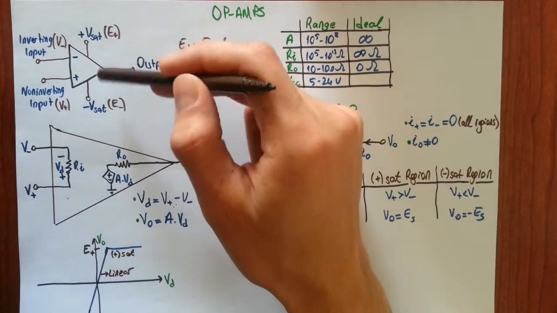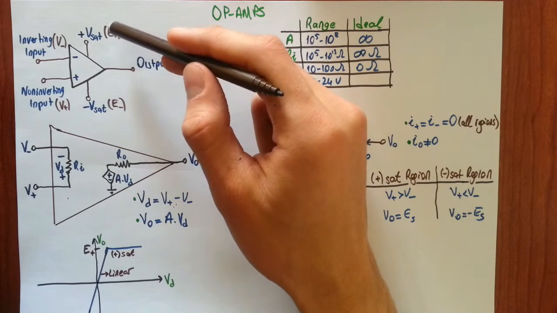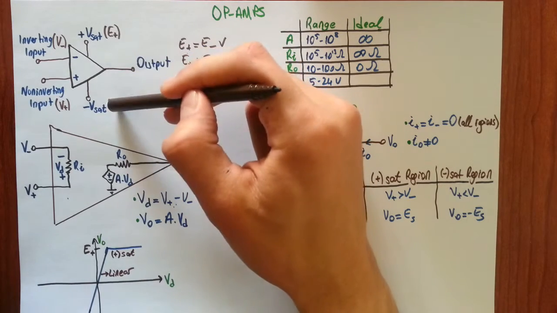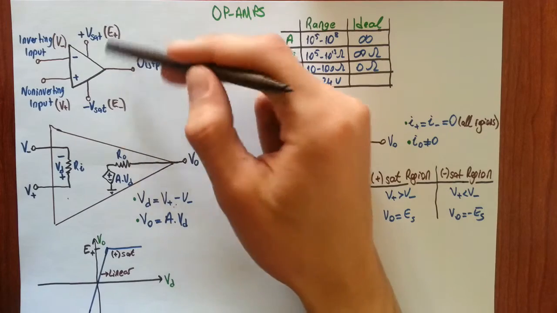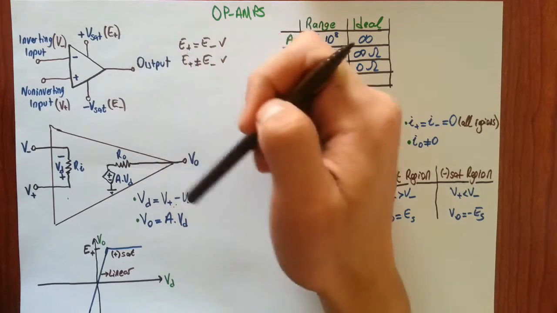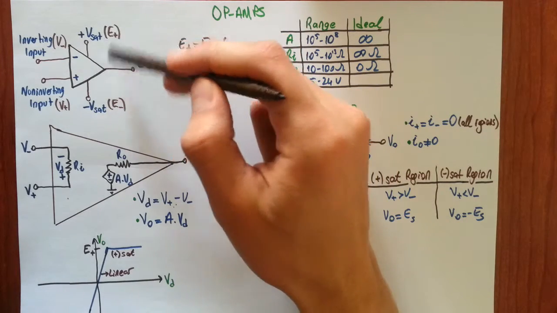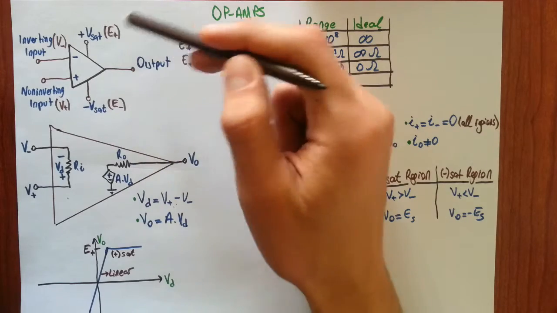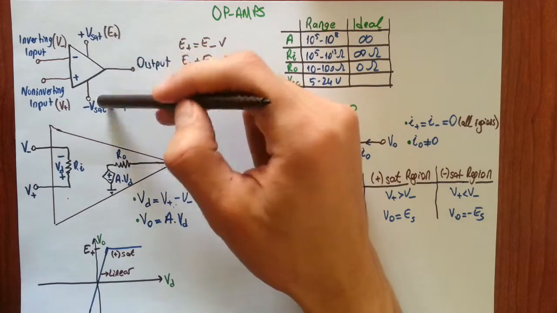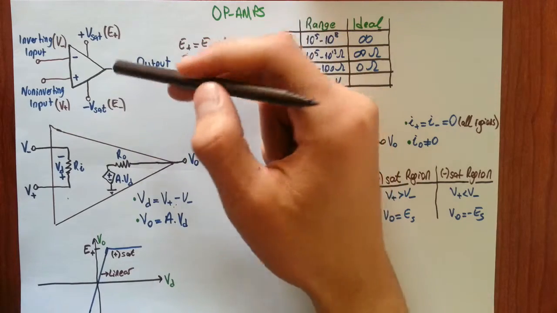Next two terminals are supply voltage terminals. You set maximum and minimum voltages that the op-amp outputs by these two terminals, and we mostly denote them by E plus or E minus. Most of the time they are given as equal, of course with a minus sign difference.